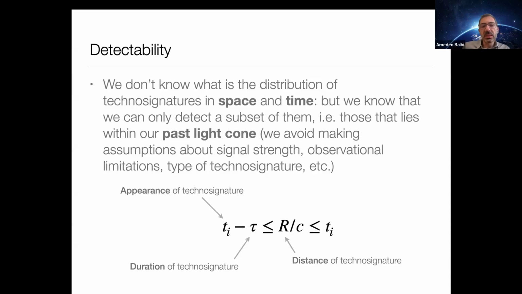That is exemplified by a simple mathematical relation, where Ti is the appearance time of the technosignature and tau is its duration. If the technosignature is at a distance r from us, we can only detect it if the light travel time is compatible with being in our past light cone.